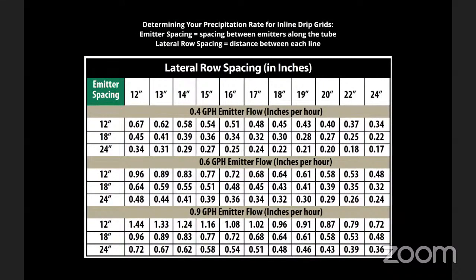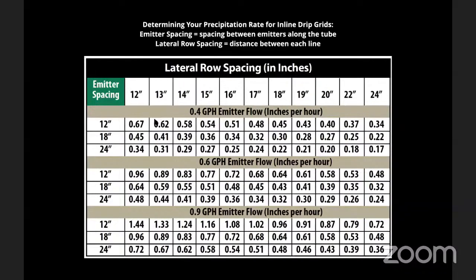However, hopefully I've convinced you by now that if you're putting in a new drip system, that irrigation grid is going to be the best way to go. And if you put in that grid and do the proper pressure regulation, you can use a chart like this that will tell you what's called the precipitation rate of your irrigation system.